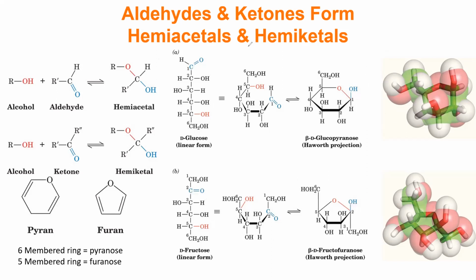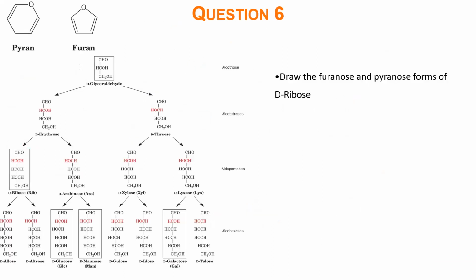All right. And we don't have to draw here, so we can skip question 6. On the test, I'm never going to ask you to draw anything, but I will say when you go and review for test 3, even though we're skipping this in class, this might be a good way to just remind yourself how the cyclization event happens, how to make a cyclized ribose from a linear ribose.